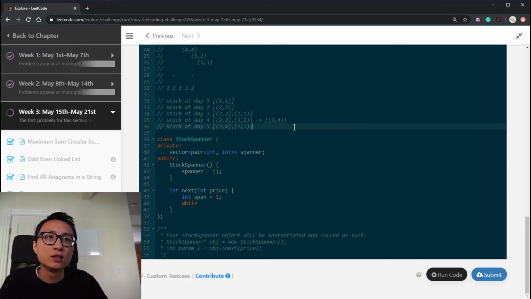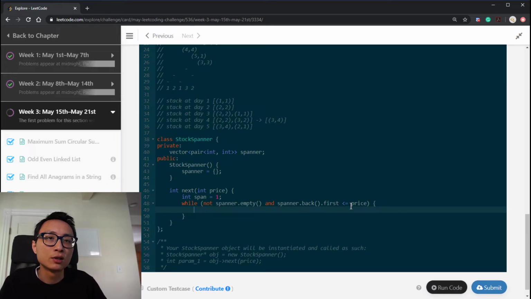Based on this example, we see that we can actually do compression once with the prior span, and then we find that the current span can be further consolidated. So it's not an if condition, it's a while condition here. So this means we can do some compression.